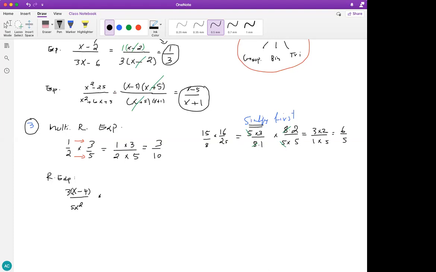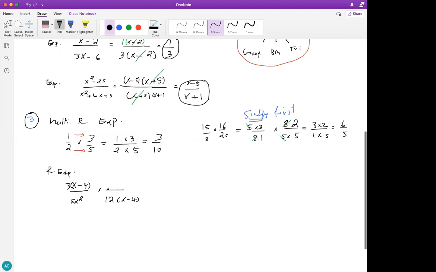And we want to times this by some other expression, maybe 12, x minus 4. And we need to times that by maybe, let's say, 10 and x to the 5th.